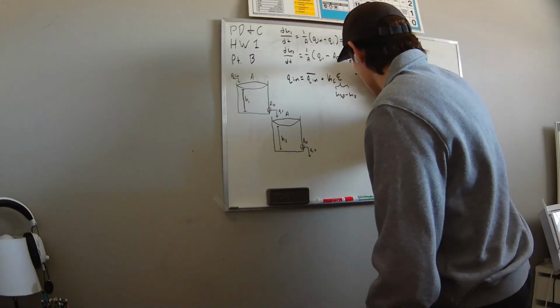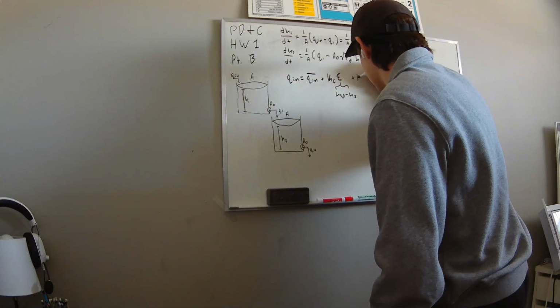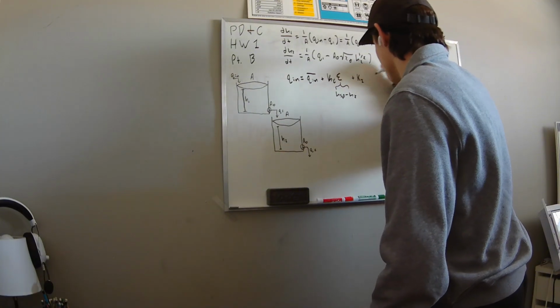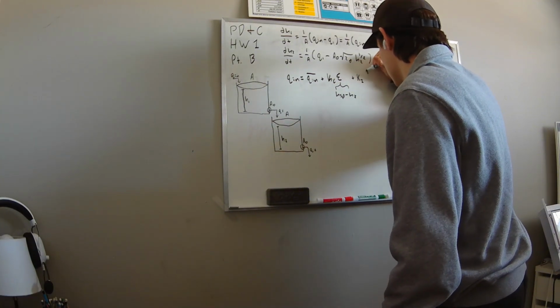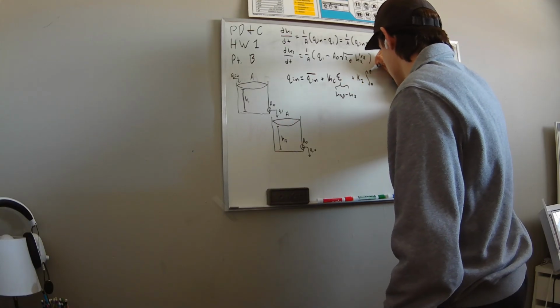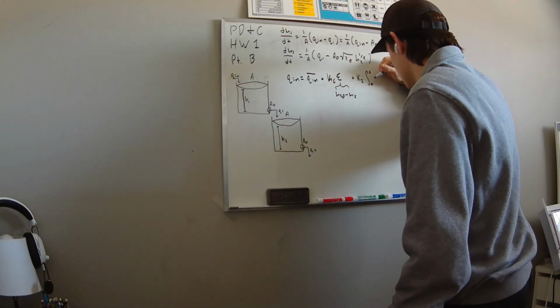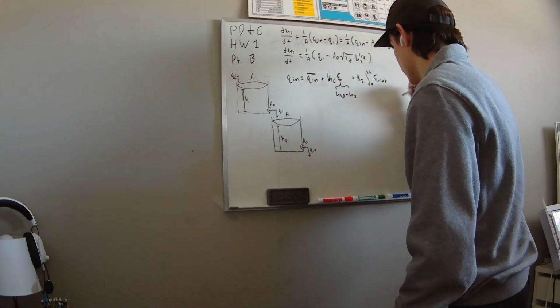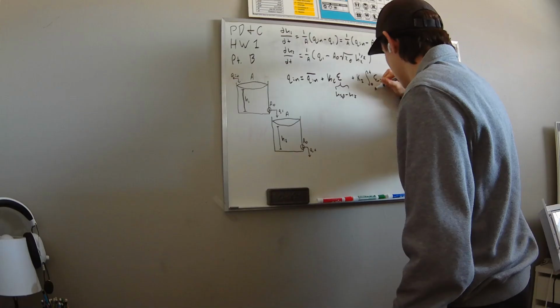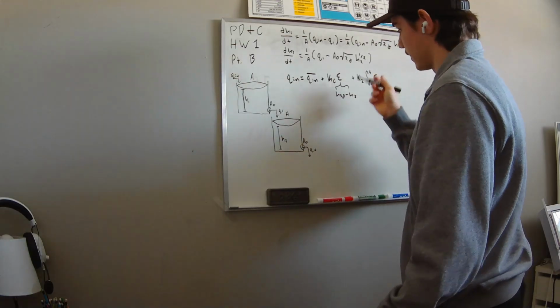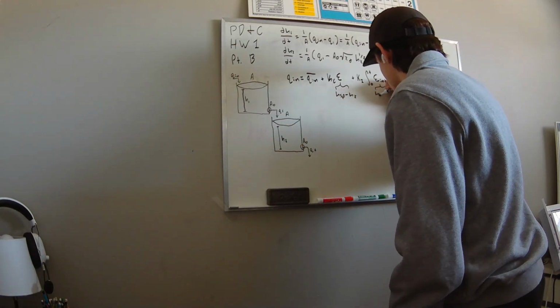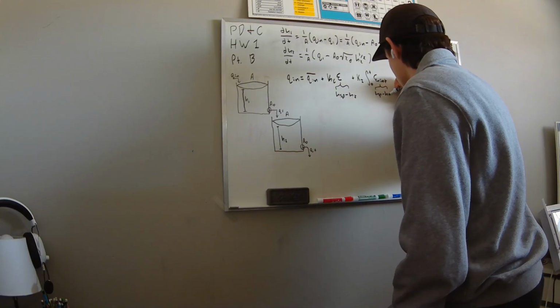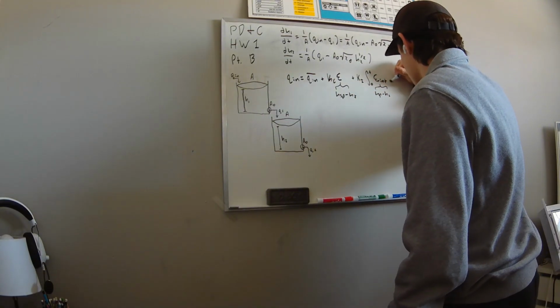So we're going to add Ki, our integral controller gain, times the integral from 0 to t of the integral error, which is actually the same as our original error. It's just going to be HSP minus H2. We're going to do this with respect to tau.